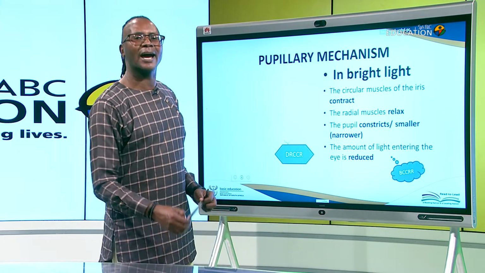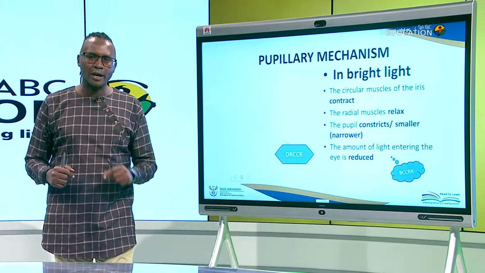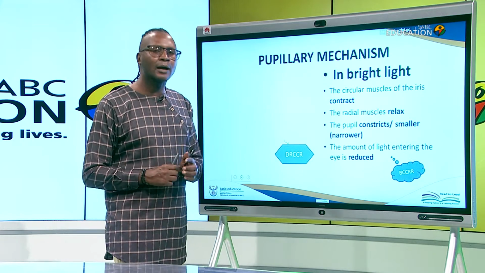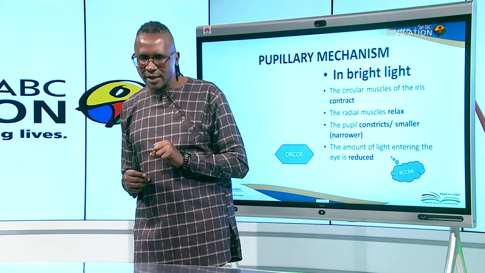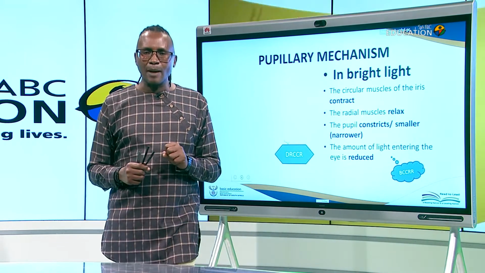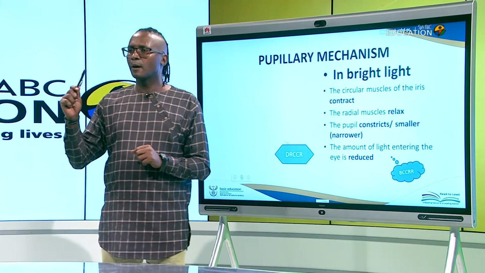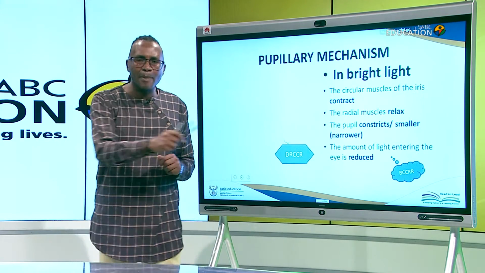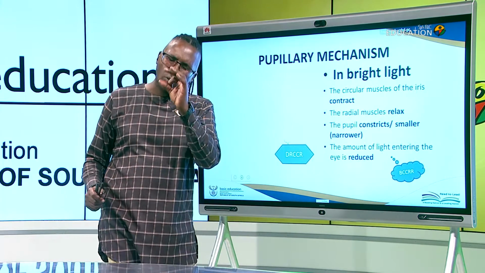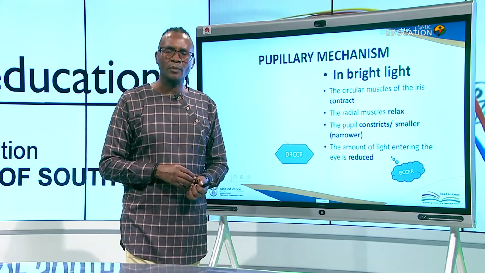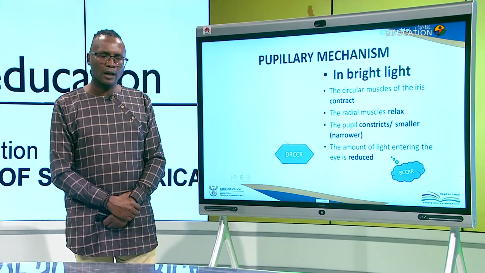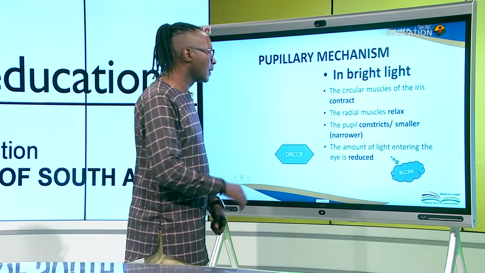You have 2 minutes to write, and we'll check that it is correct. Remember, 3 things I need to see there: the circular muscles, the radial muscles, and the pupil, the reaction. There is no light. Are you done writing? Let's check.